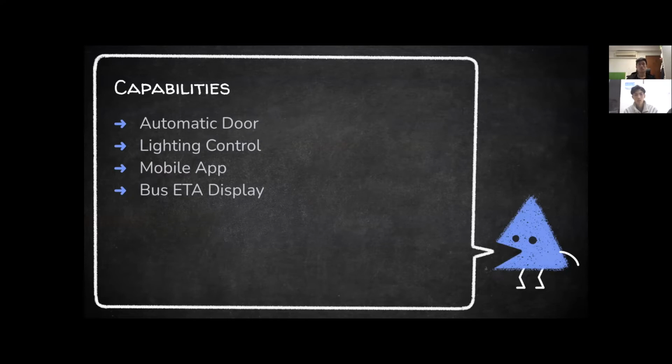In this smart home, we have an automatic door and lighting control. They can automatically turn on or off. There is also a mobile app to show the light status and control the light, and a bus ETA display to show the bus arrival time.